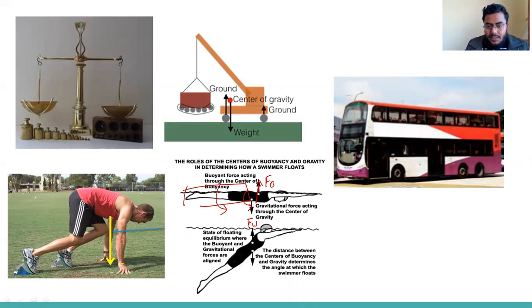But in the second case, you can see he is maintaining his position in such a way that the force of buoyancy and the force of gravity are acting on the same line. By maintaining this position, the force of buoyancy and force of gravity lie on the same line, so it will not get any moment.